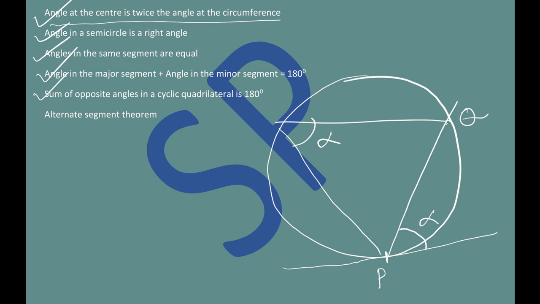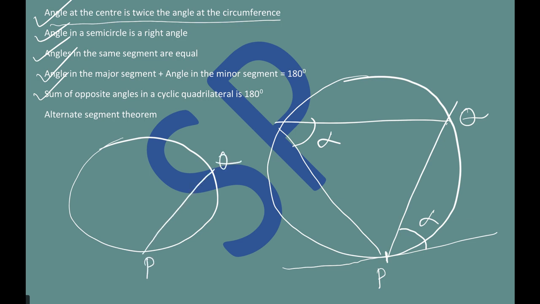So in a circle, if a chord PQ subtends an angle alpha with the tangent at P, then in the other segment it subtends the same angle alpha on the circumference. That is the moral of the story. Okay, now this is also over.